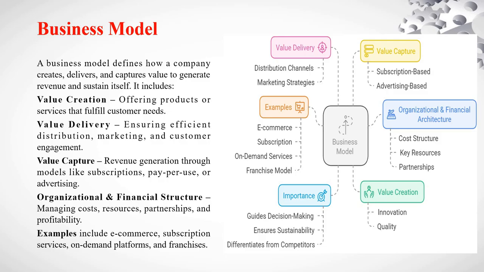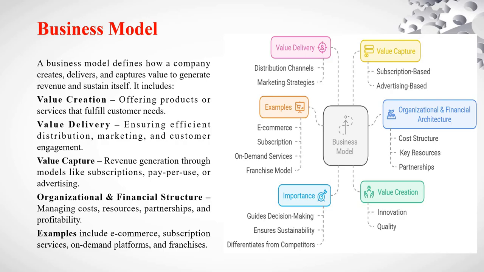So next is organizational and financial structure. A business model also includes how the company structures its operations and finances, such as cost structure, key resources and activities, and partnerships and alliances.